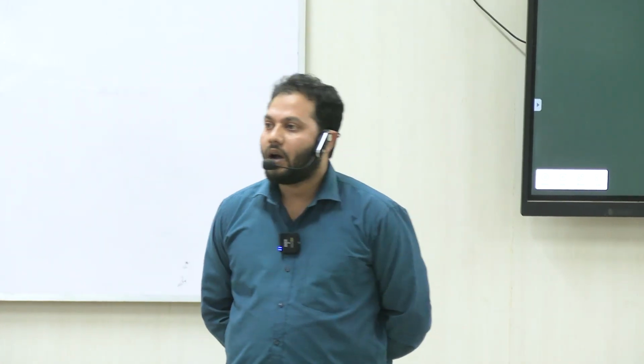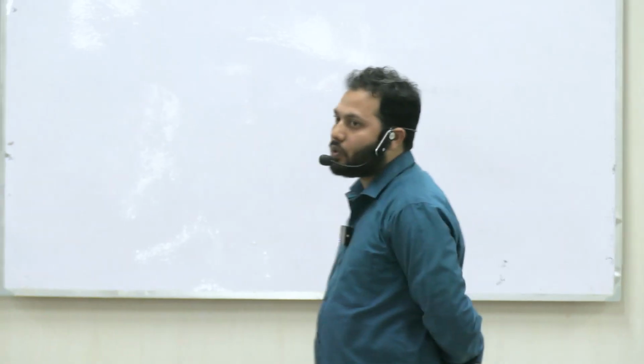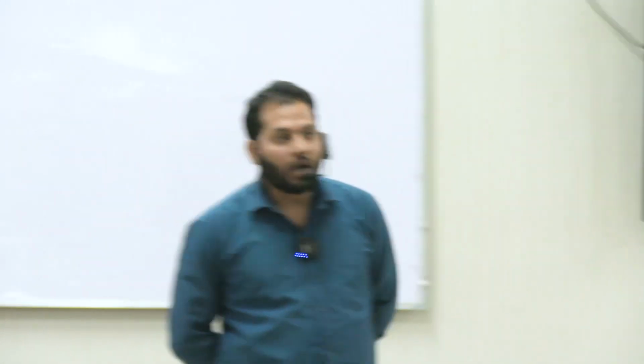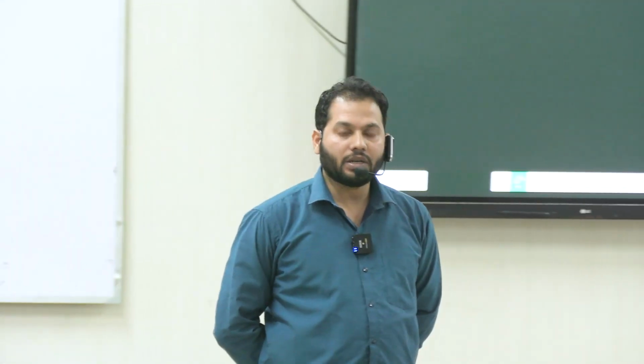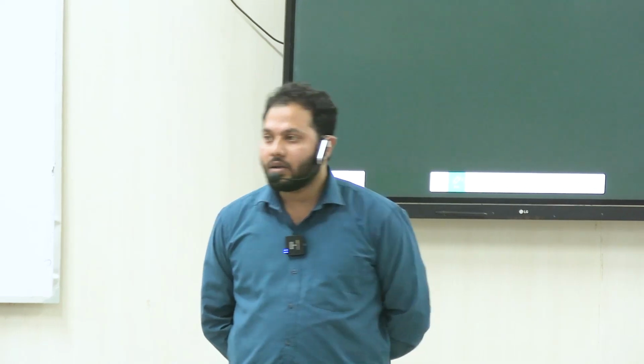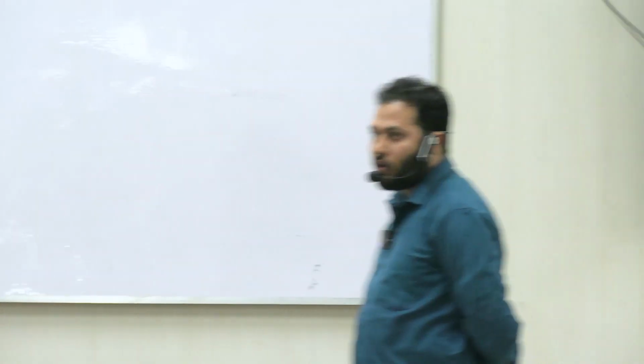Let us brief again about the dissociation curve, and after that I will start the new topic, that is carbon dioxide transport. As I mentioned, the oxygen-hemoglobin dissociation curve explains the relationship between the partial pressure of oxygen and the partial saturation of hemoglobin.